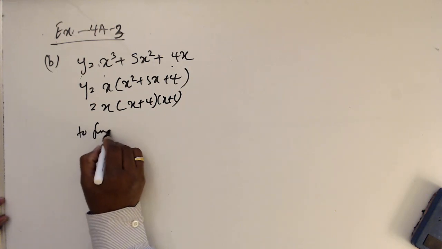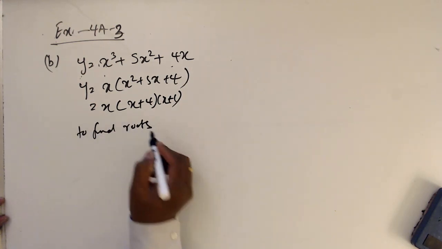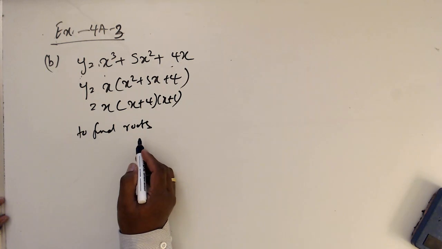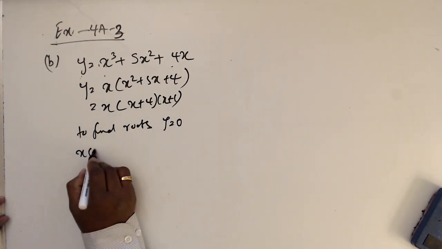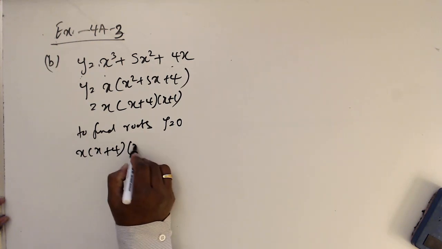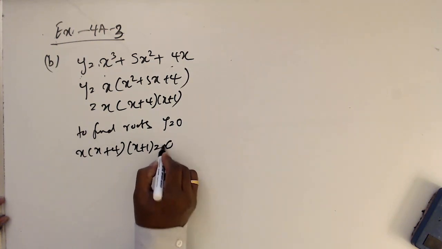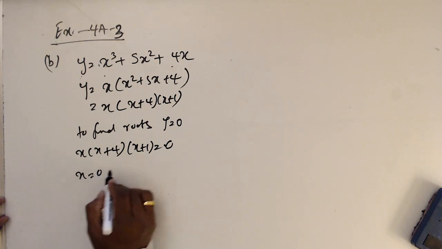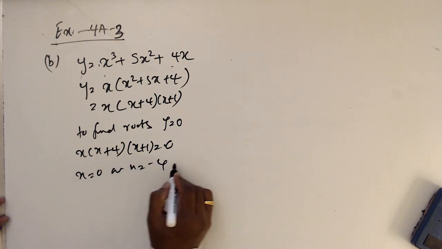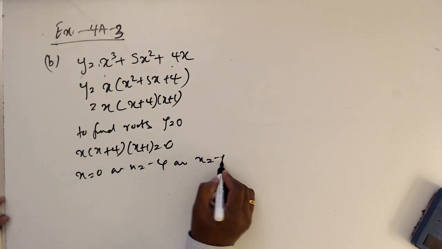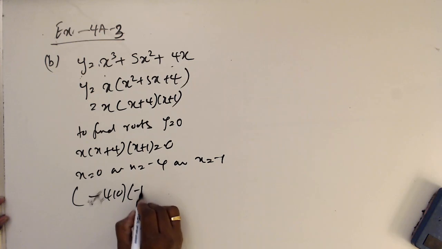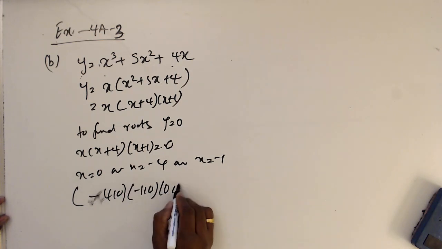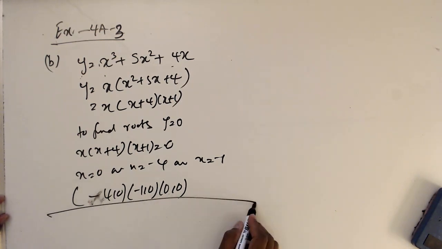To find roots, y equals 0, then x plus 4, x plus 1 equals 0. x equals 0, or x equals minus 4, or x equals minus 1. So we see minus 4, 0 and minus 1, 0 and 0, 0.